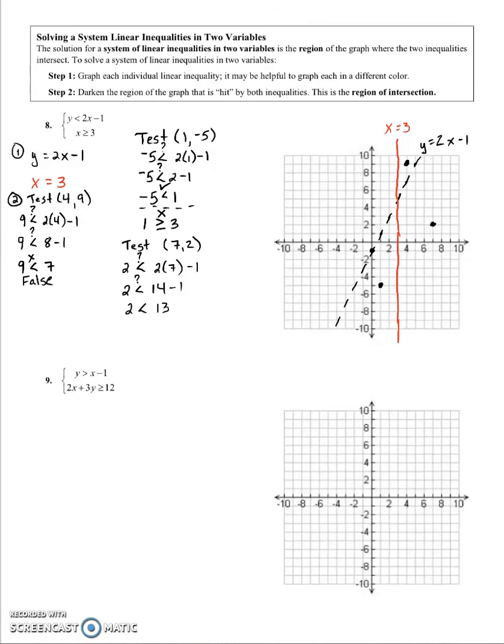So the first inequality checks out this time. 2 is less than 13. But remember, we need to check the second one. So that means that 7 has to be greater than or equal to 3, and that's true also. So the region where 7, 2 is the solution to our system of inequalities. So we just shade that section.